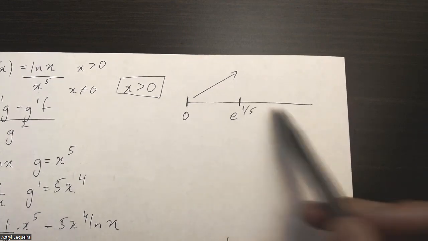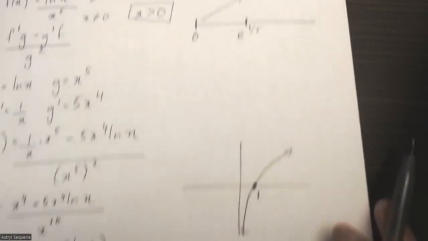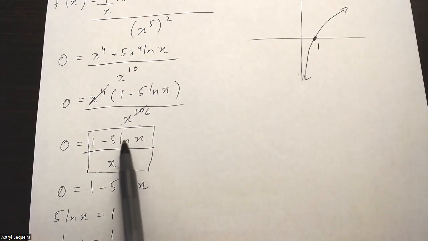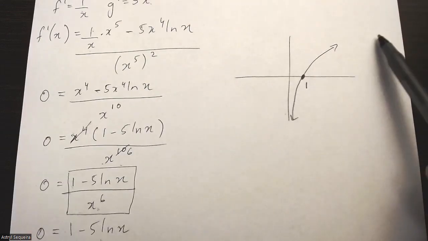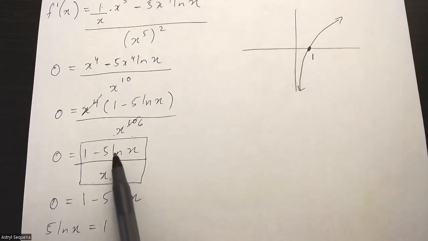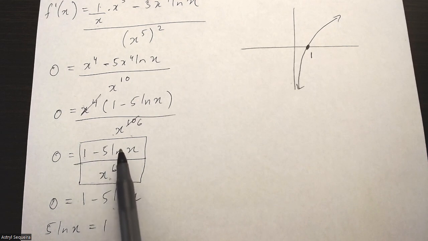And then let me sub in a value bigger than this. I'll just sub in 10. If I sub in 10 into this function, ln of 10 is a positive value because it's past over here. Anything past 1 is going to be a positive value for ln. So 1 minus 5 times ln 10.